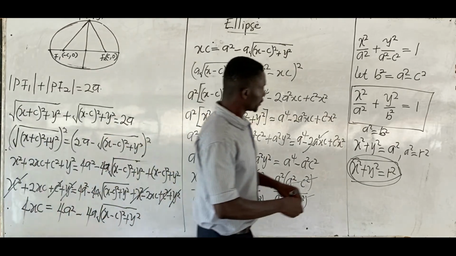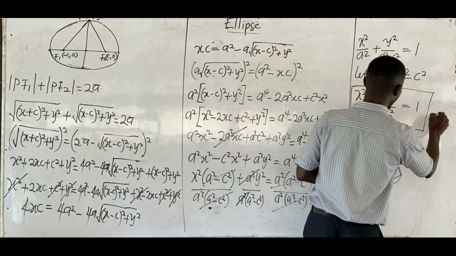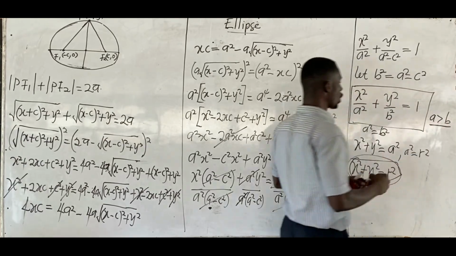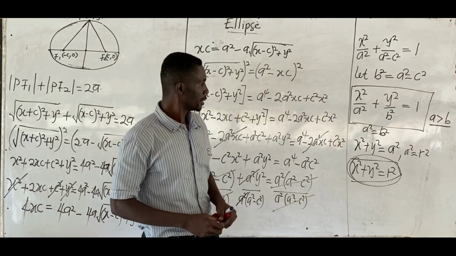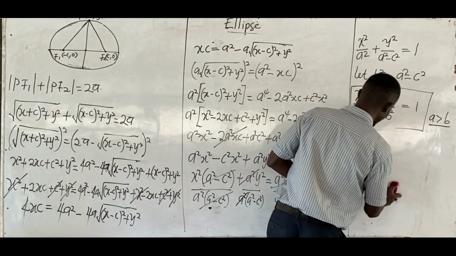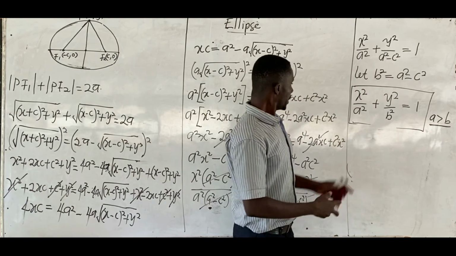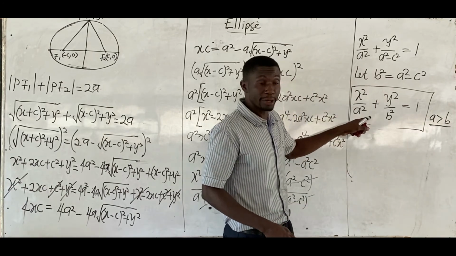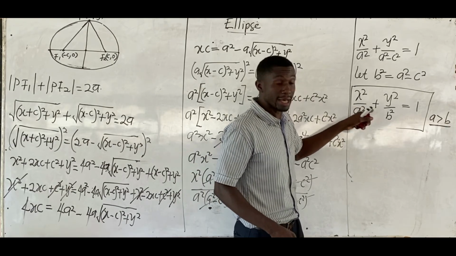In fact, A is always greater than B. So if A is greater than B, the foci are on the major axis, that's the x-axis.